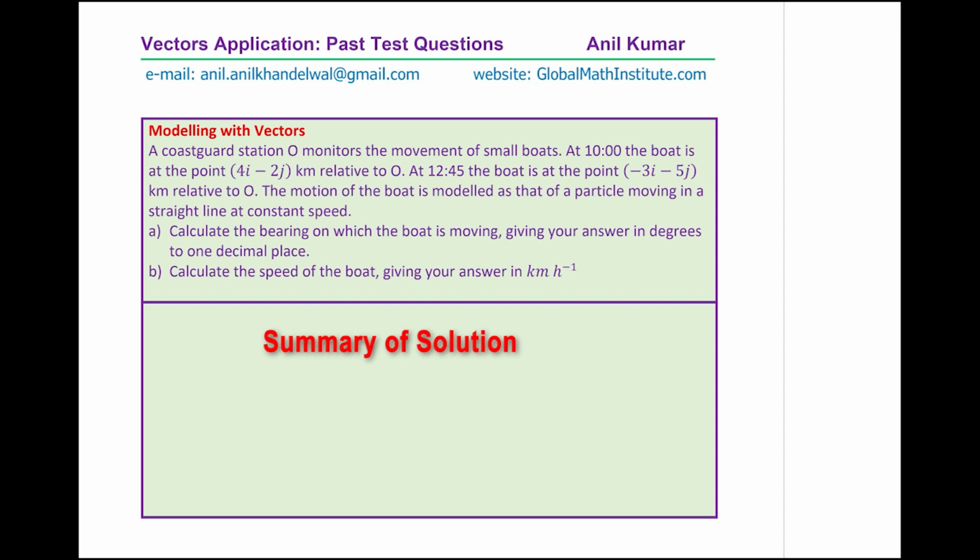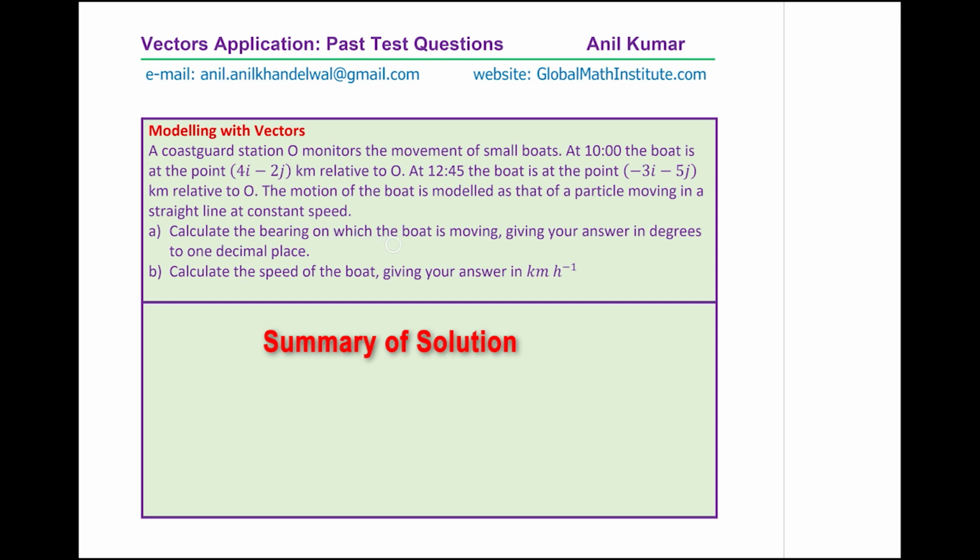Once again, the question is, a Coast Guard station O monitors the movement of small boats. At 10, the boat is at the point 4i minus 2j kilometers relative to O. At 12:45, the boat is at the point minus 3i minus 5j kilometers relative to O. The motion of the boat is modeled as that of a particle moving in a straight line at constant speed.